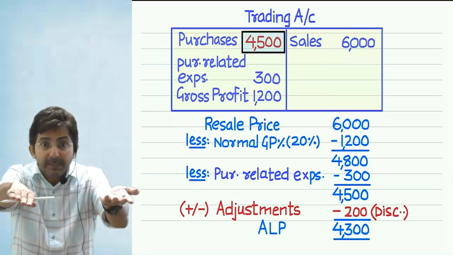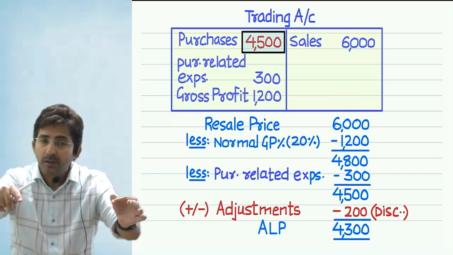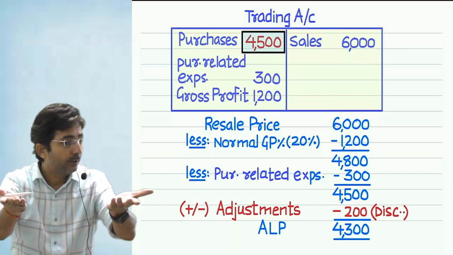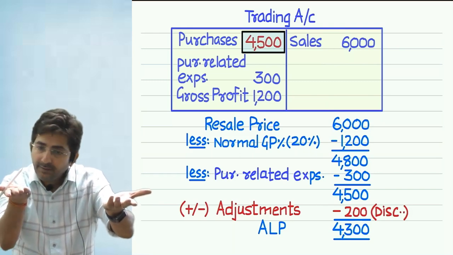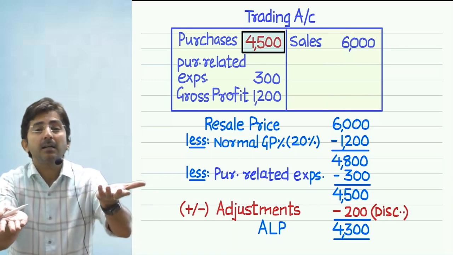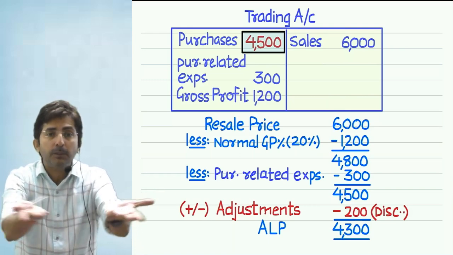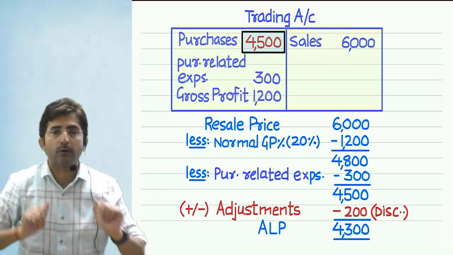And the sentence makes sense. Adjustments to account for differences between international transaction, that is with AE, and uncontrolled transaction, that is with outsiders. So differences between the two transactions are accounted for.